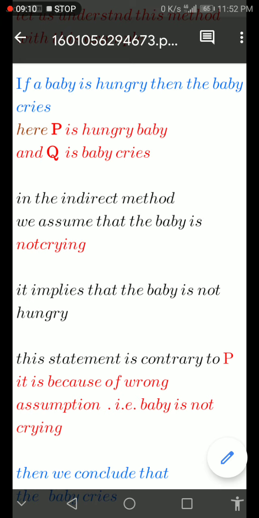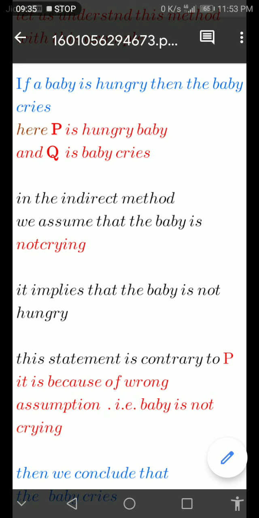Once again recall what the indirect method of proof is. In the indirect method of proof, we assume that the conclusion is false. What is the conclusion here? What is to be proved here? The baby cries. This is to be proved.